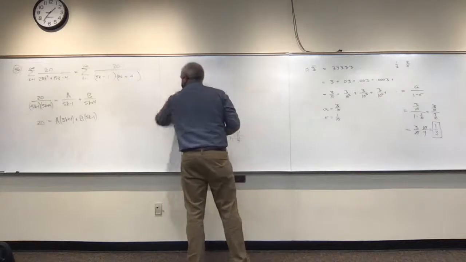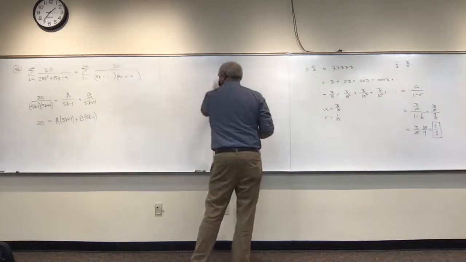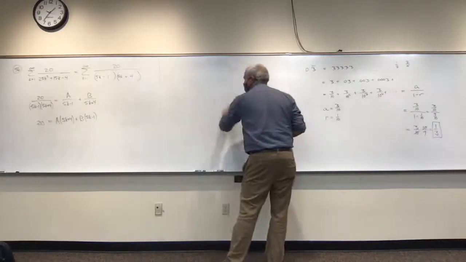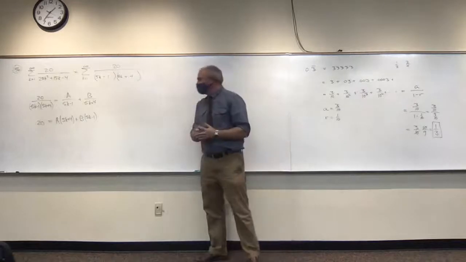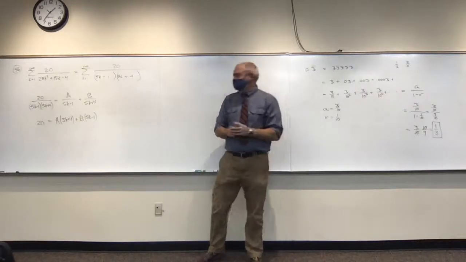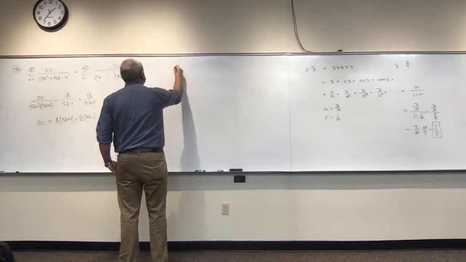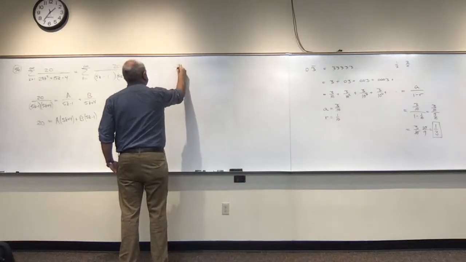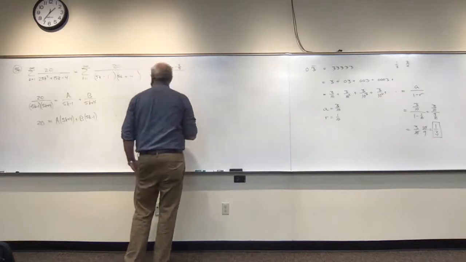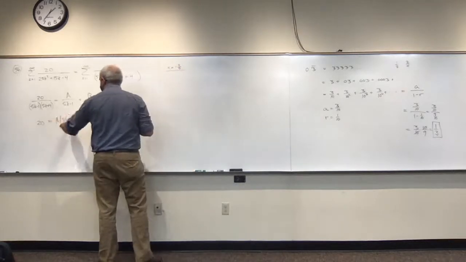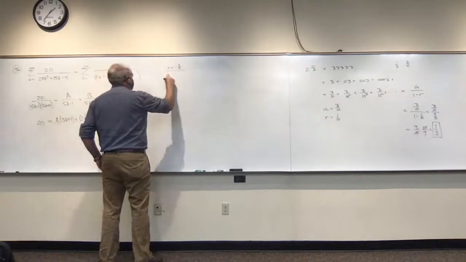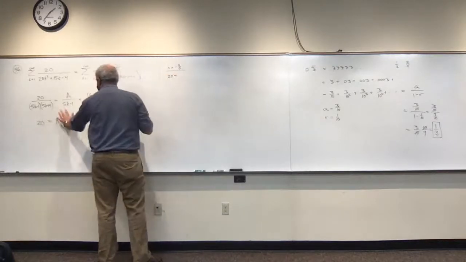Yeah, minus 4/5. So I could plug in minus 4/5 or positive 1/5, right? Those seem familiar. So let's plug in minus 4/5 for x. If I do, then this whole term just goes away, and so I get 20 is equal to, that's 0.